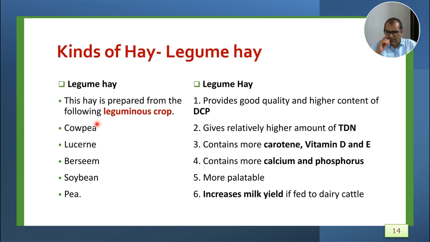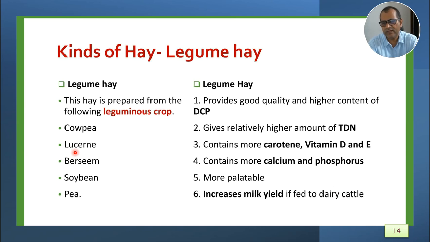These are the leguminous hay, and they contain a little more digestible crude protein, give a relatively higher amount of total digestible nutrients, contain more carotene, vitamin D and E, and more calcium and phosphorus. They are also more palatable to cattle, and they increase the milk yield if fed to dairy cattle. So leguminous crops like lucerne are always better.